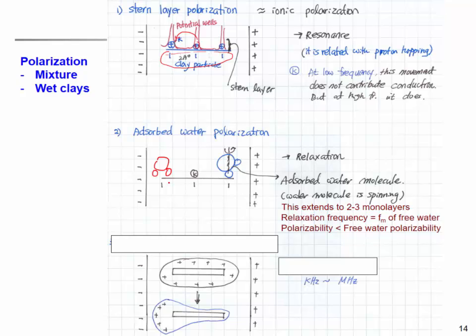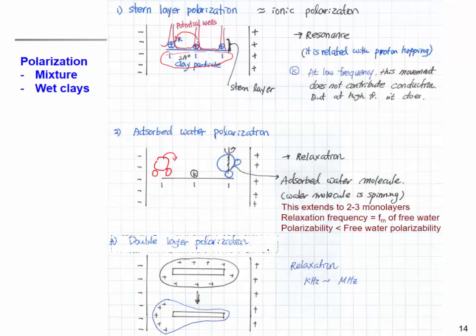The proton has the more positive pole, and the oxygen will have the more negative charge. So the negatively charged surface will orient and structure the water like this. But when you apply a very strong electric field, this can rotate, and it causes the adsorbed water polarization.